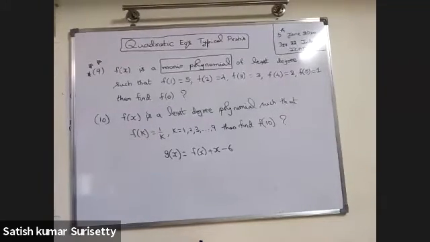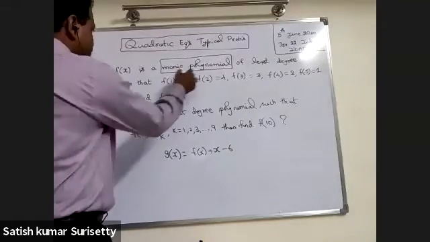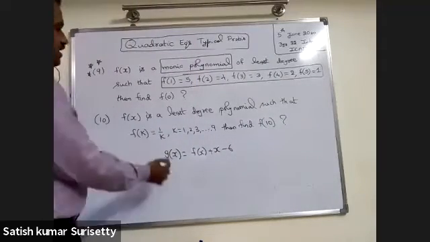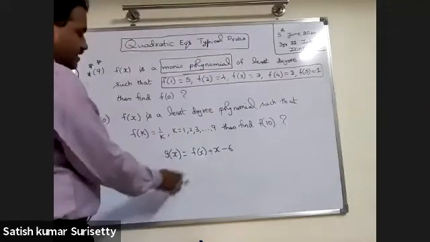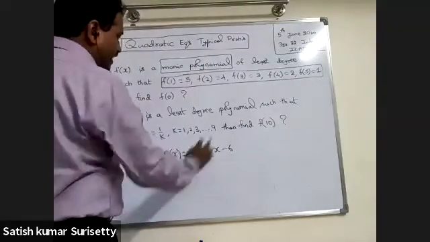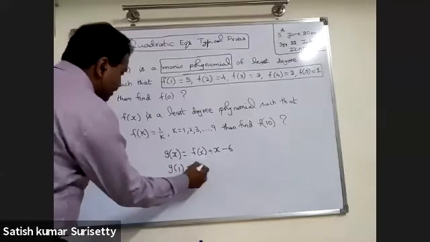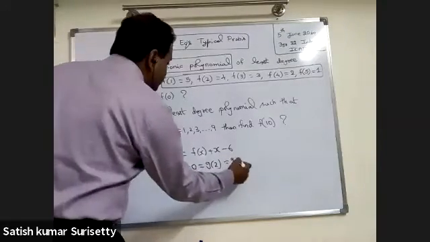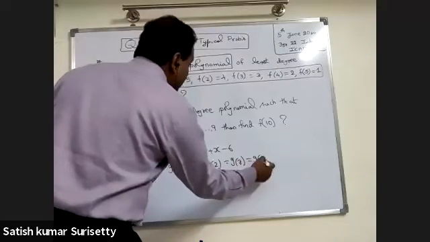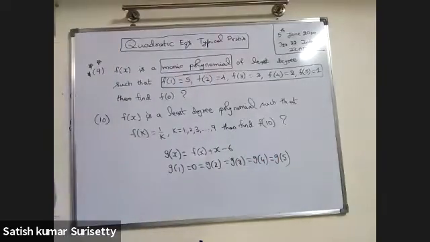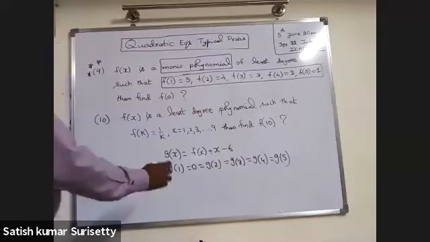Check all of you. We are trying to write using these function values. We are designing another polynomial g of x in terms of f of x as g of x equal to f of x plus x minus 6. So g of 1 equal to 0, g of 2 is also 0, g of 3, g of 4 and g of 5 are also 0. Once these are 0, it means 1, 2, 3, 4, 5 are the roots.